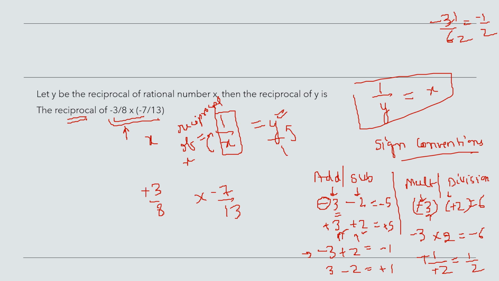So I'm solving the question first. Negative gets cancelled with negative. Now, can I cancel anything else? No. 7 3s are 21 and 13 8s are 104. Correct? So this is my question basically. Now I have to do the reciprocal. So 104 by 21. Is it fine?